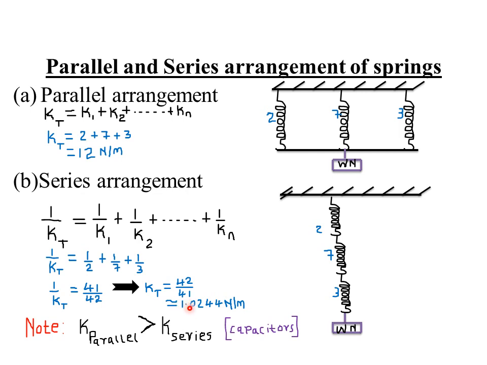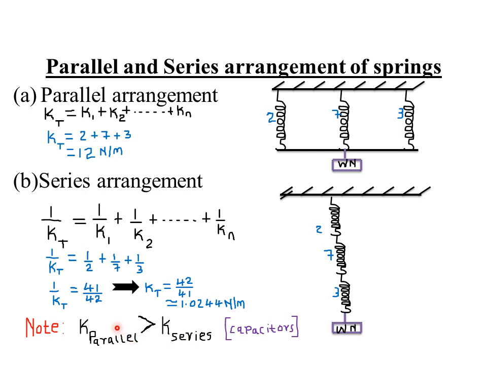So you compare this value, the k total in series and the k total in parallel, you realize that the k total in parallel is larger than the k total in series. So that simply tells us that if identical springs are arranged in parallel and in series, the springs arranged in parallel will always give a larger total spring constant than the same springs arranged in series.